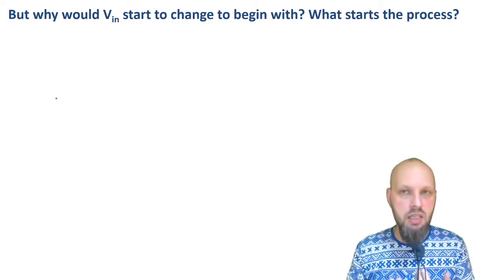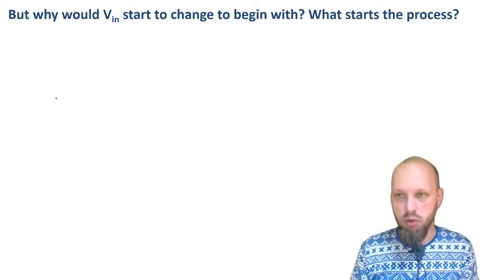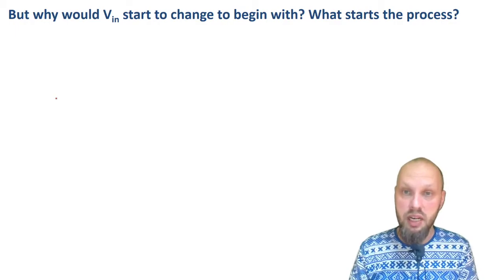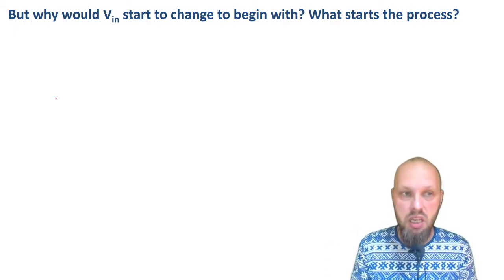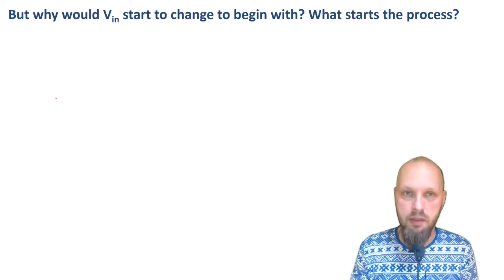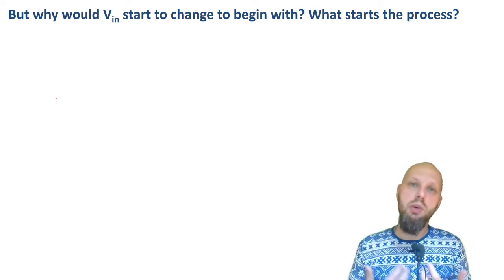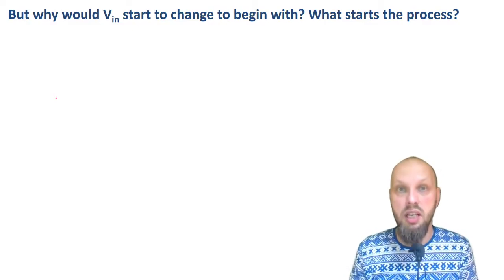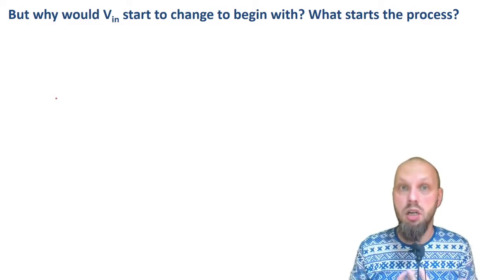But what starts the process, right? Because we described how the process can self-perpetuate and amplify, but there has to be this initial depolarization to open the first channel, right? The way we described it right now, we don't have that, so this is something that so far we haven't mentioned. What starts the process?